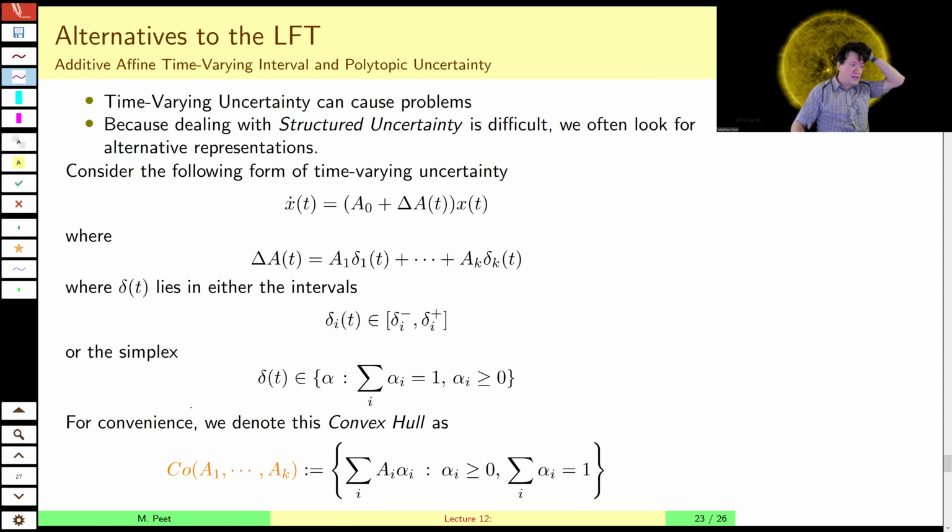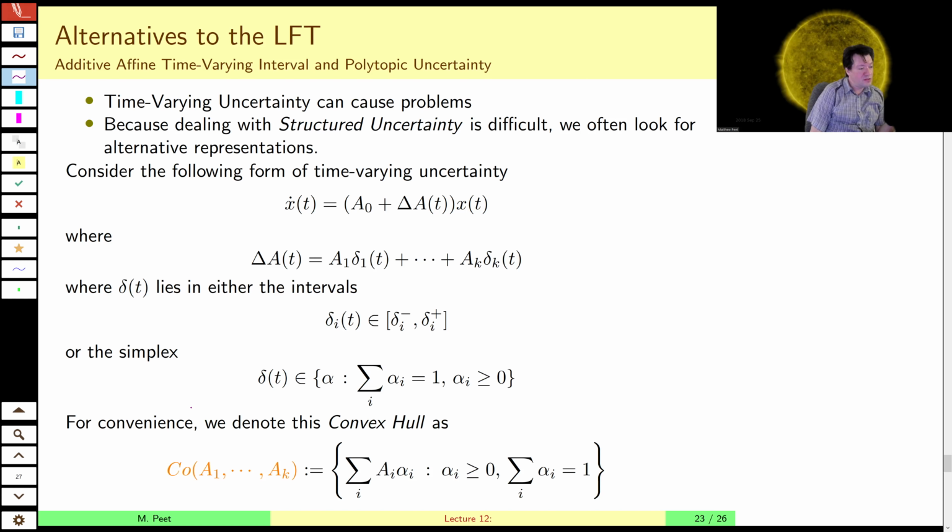So that concludes our brief survey of sources of uncertainty, and of course our overview of how to put those uncertainties into the LFT framework.